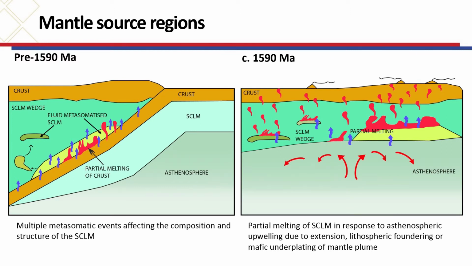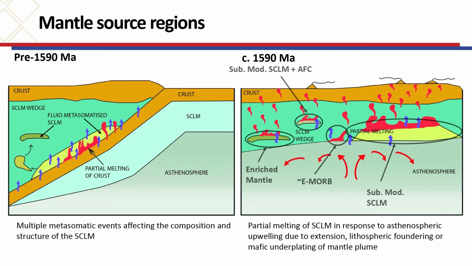And then when we move to time 1590, we apply a heat source through an asthenospheric upwelling, which may be a result of mild extension related to the Gawler Range volcanics or the mafic underplating of a mantle plume. In any case, we add heat, which induces partial melting, and it's possible that each of these groups may represent zones such as these within that mantle structure.